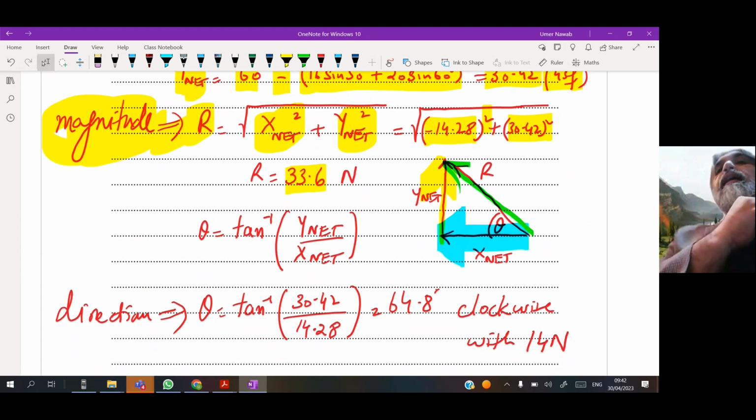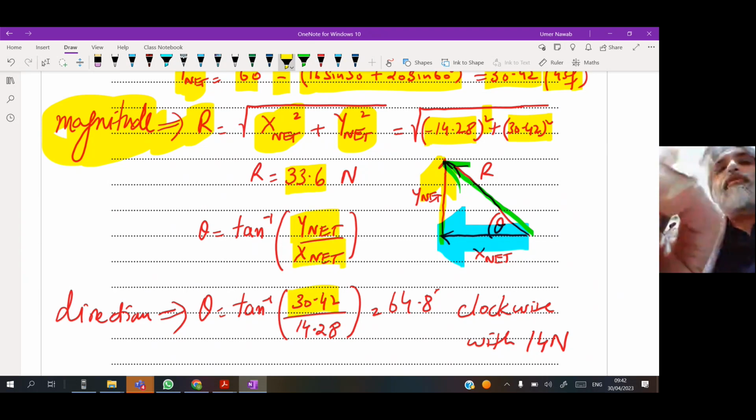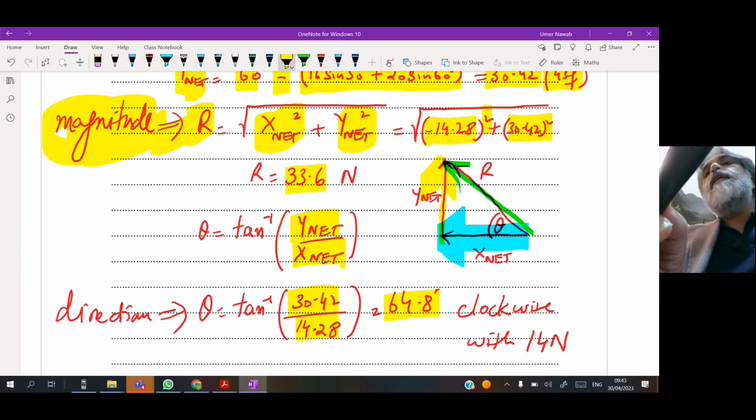Now, how much is the angle? Look at the right angle triangle which I have made. I can easily find theta by using tan inverse of y net over x net. Please don't write the negative sign within the angle, because I'm trying to find my angle as an acute angle, and then I will be able to define which angle is made by the resultant with which force.